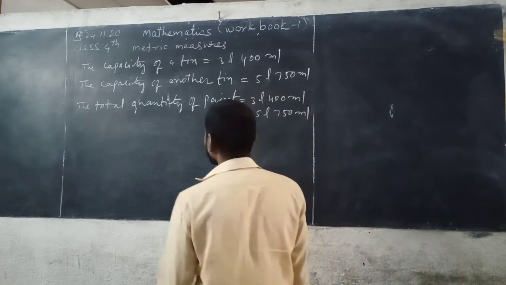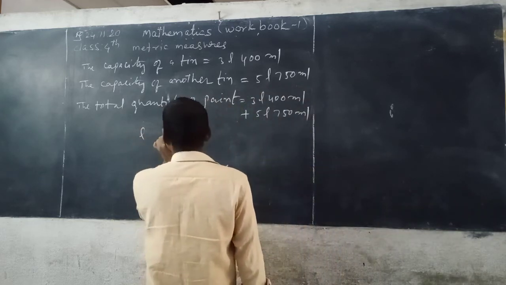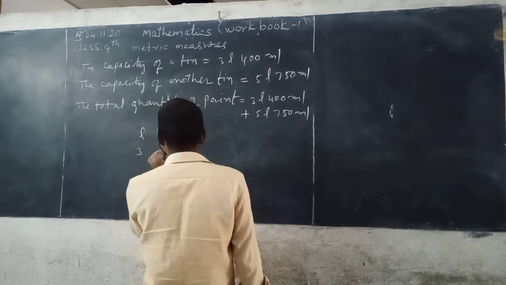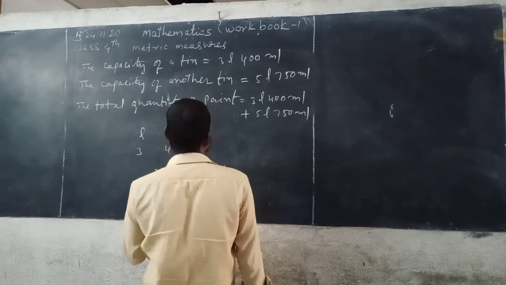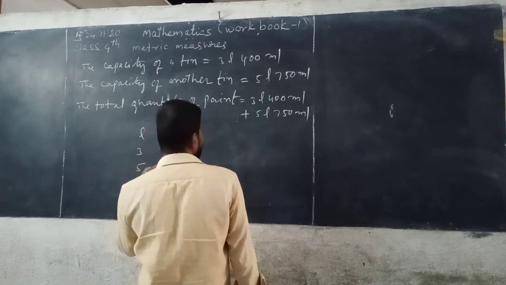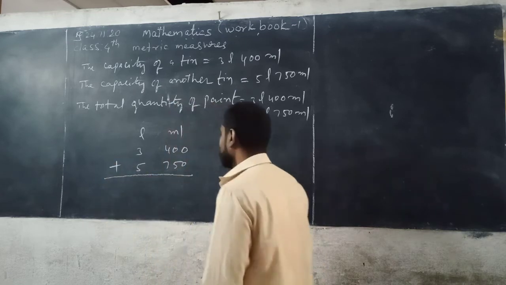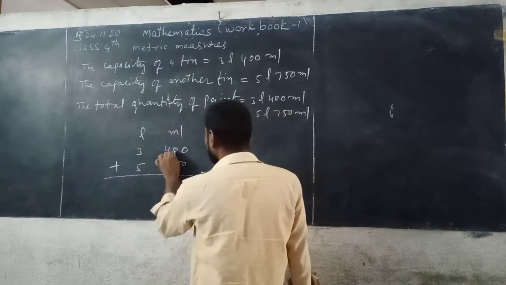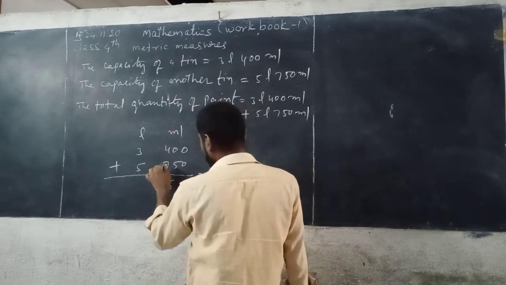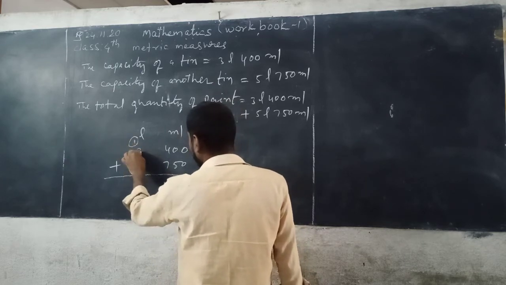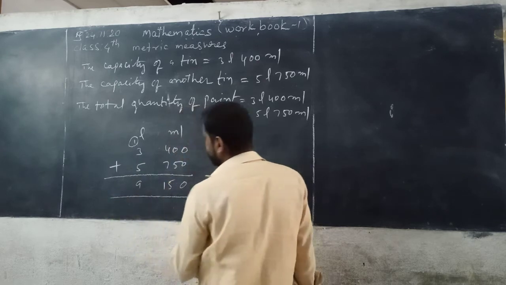So write down here liters and milliliters. Now 3 liter 400 milliliter plus 5 liter 750 milliliter. See, add it. Now here 0, 0 plus 5, 5. 4 plus 7, 11, 1 taking, 1 carrying. 1 plus 3, 4. 4 plus 5, 9.